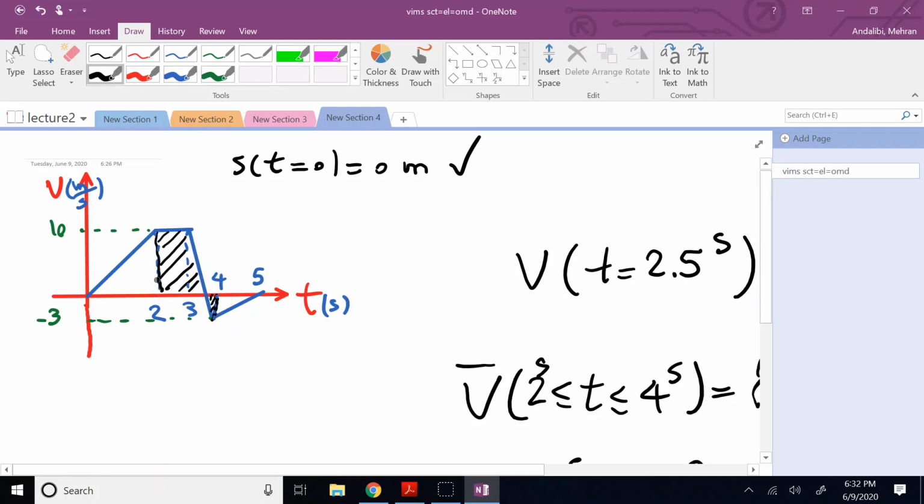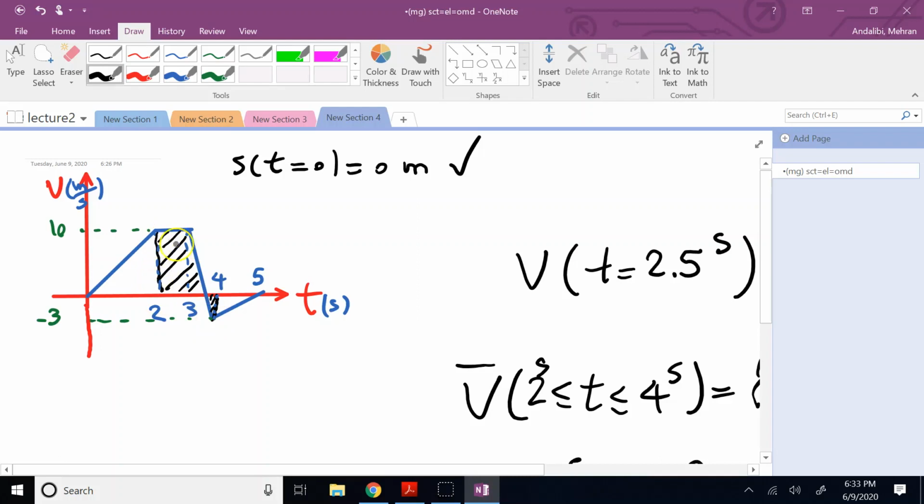If I find the area of the hatched shaded area, then if I divide that by delta t, that's the average velocity. So how do I find that area? Well, not a big deal. It's a trapezoid and a triangle.